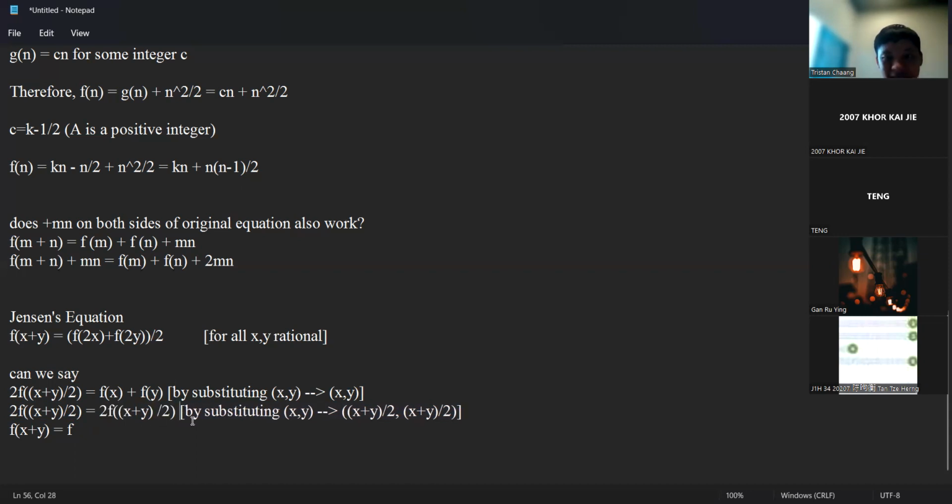You get this instead, because on the left hand side it's an average, on the right hand side it's an average also. So you get this. So this doesn't lead you anywhere. At least this step doesn't.